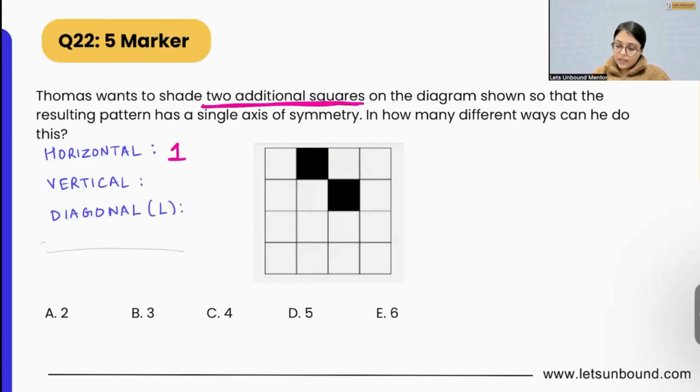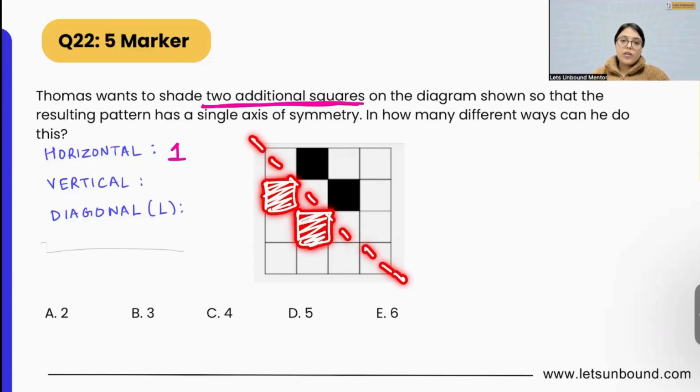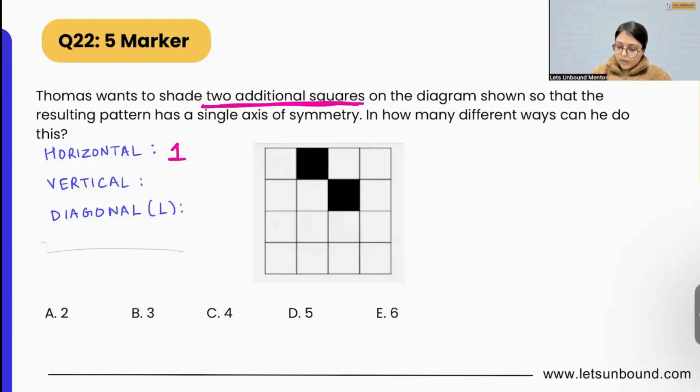If I take the left line of symmetry, which is this, how shall I shade the two additional squares? One should be this, and another should be this, so that they are symmetrical across this line of symmetry. Okay, is there any other way across the diagonal towards the left? No, just one. So for vertical also we had one, for diagonal left also we have one.